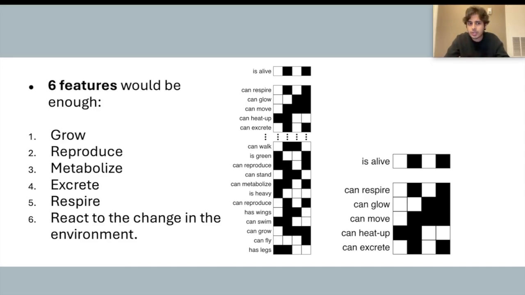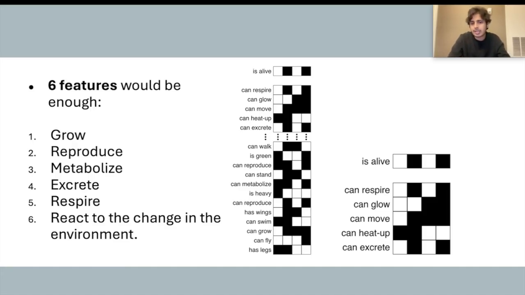However, there are 6 features that would be enough to characterize all living things, specifically growing, reproducing, metabolizing, excreting, respiring, and reacting to changes in our environment. This is something that we're taught in our early biology classes, but what I want to show you is that this is something that a self-attention module could learn really quickly by itself, given its inductive biases.